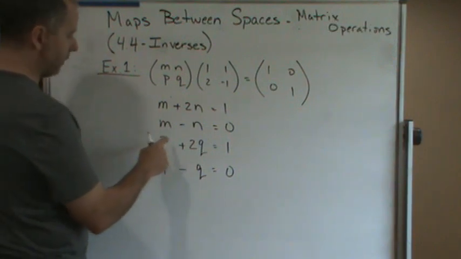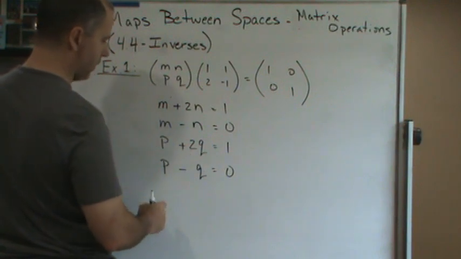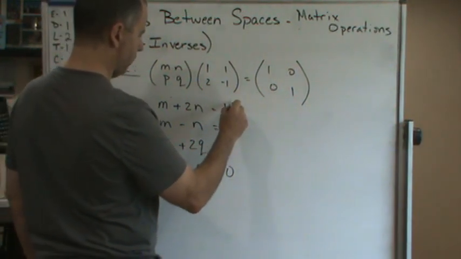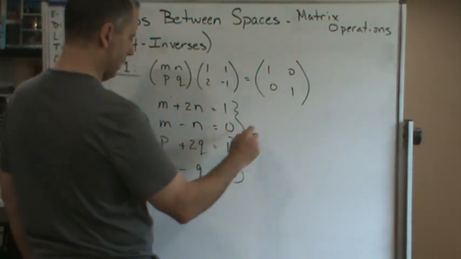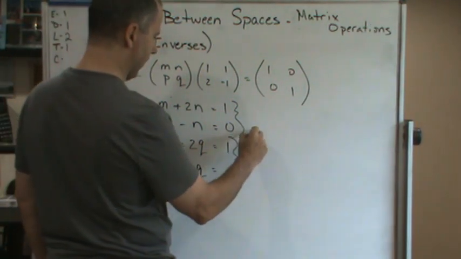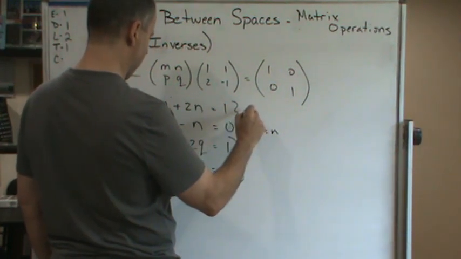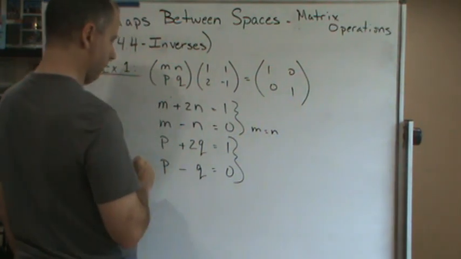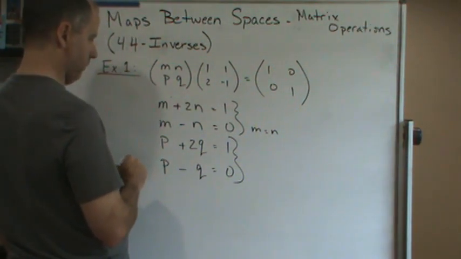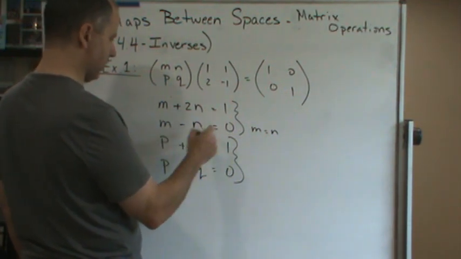Okay. Now, what happens here? I've got these two equations with two unknowns and these two equations with two unknowns. So if I look at it this way, I get m is equal to n.